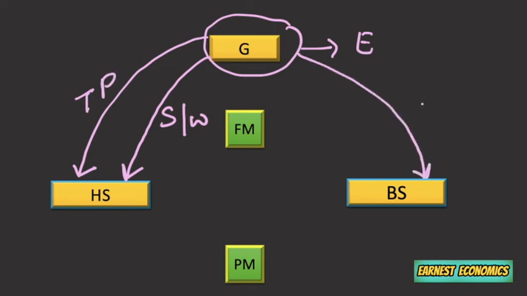Towards the business sector in the form of government expenditure on goods, plus subsidies that are provided by the government. So this also needs to be kept in mind with regard to the government sector. What are its main sources of revenue, and what are its main forms of expenditure?